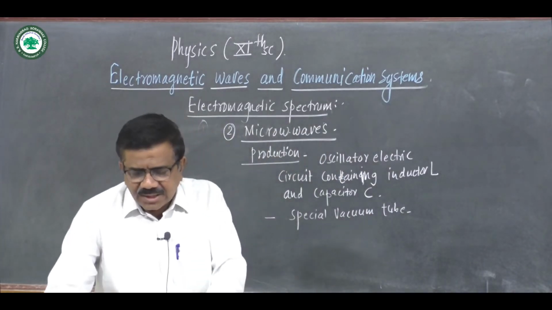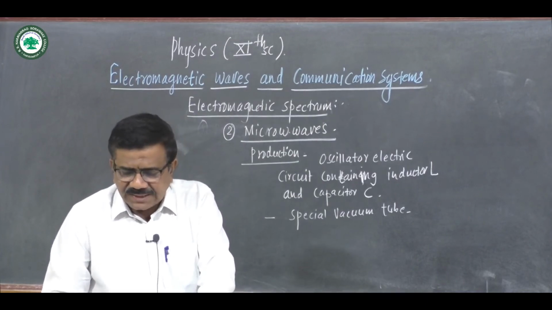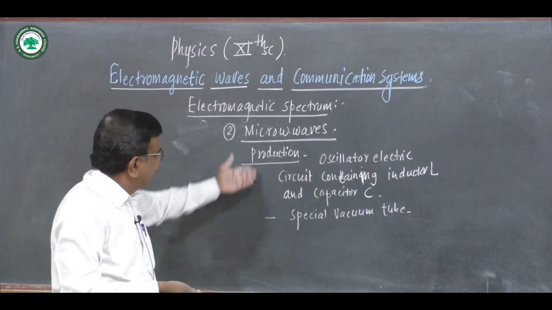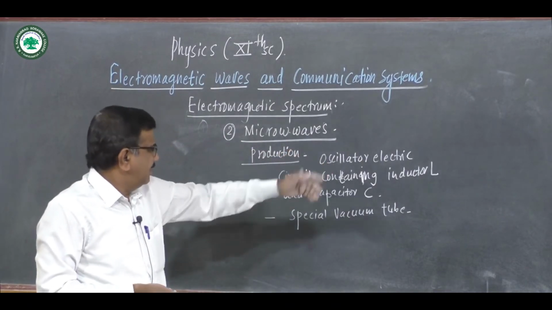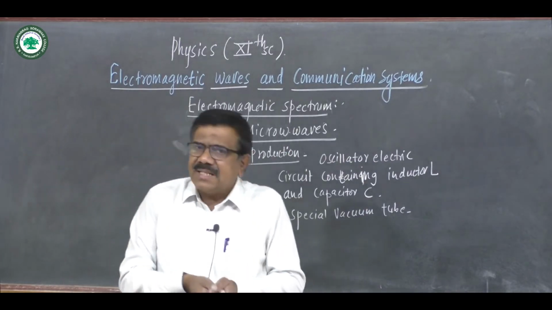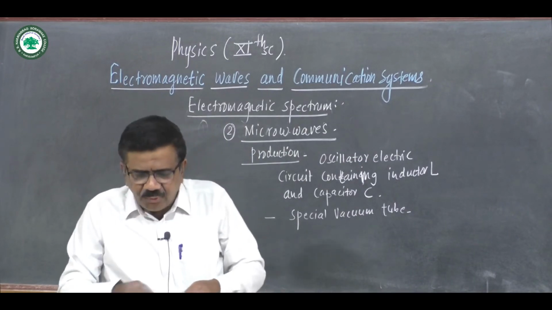Now this is the production of these microwaves. The production method is by using inductor and capacitor. By changing the value of L and C, we can change the frequency of the microwave also.